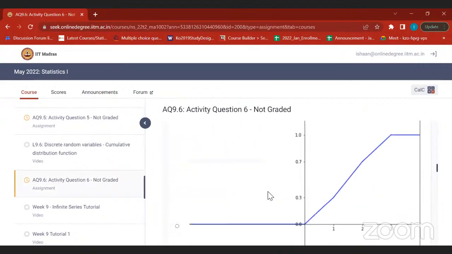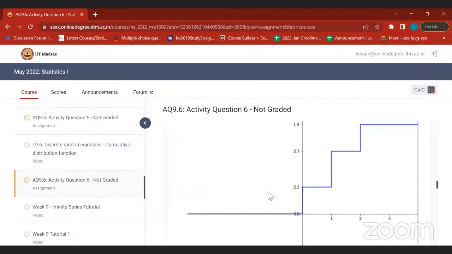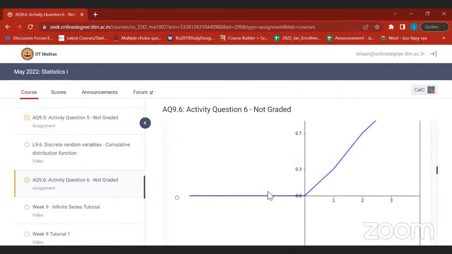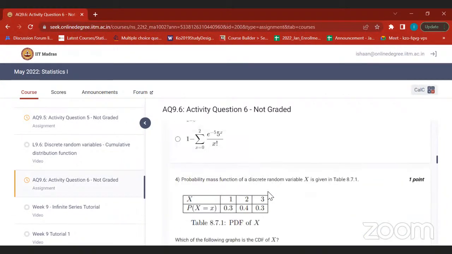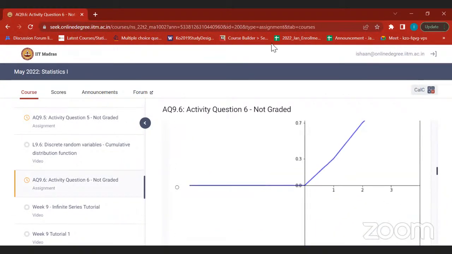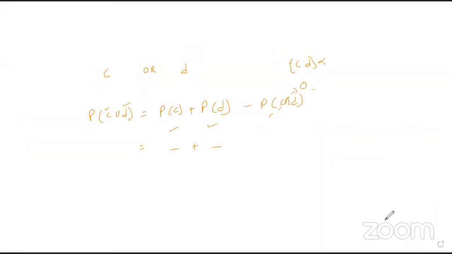9.1, sir. Please explain this positive skew and negative skew. Okay. Before that, do you know what a symmetric distribution is?